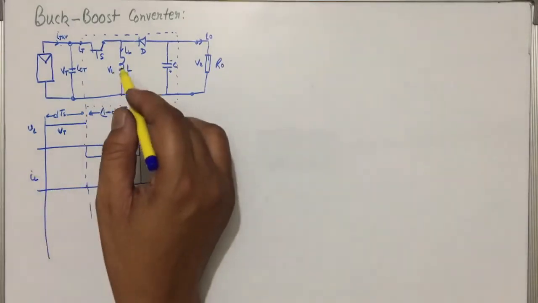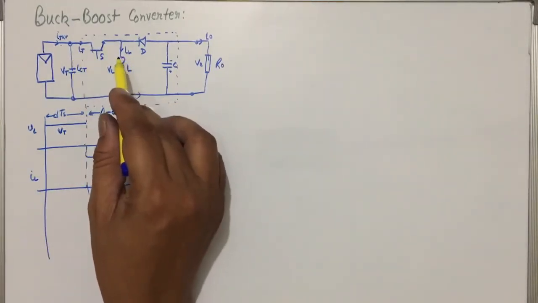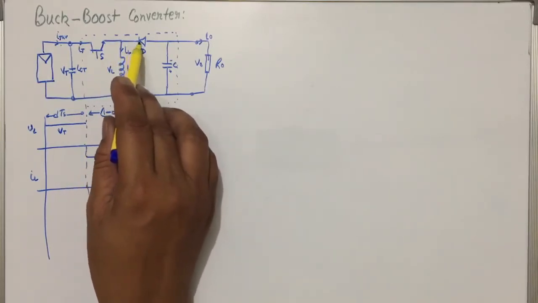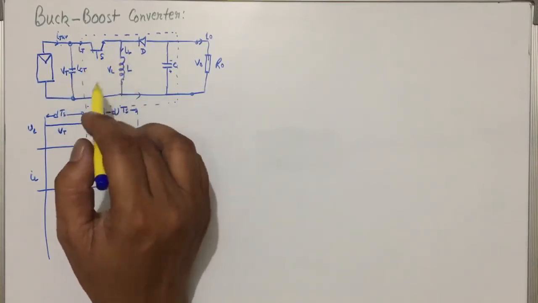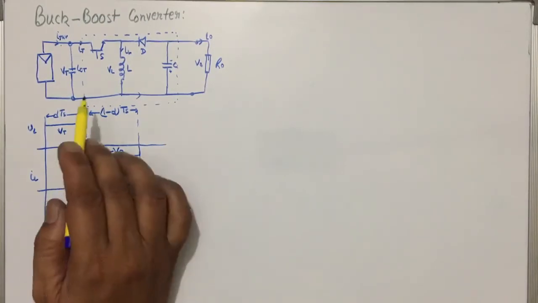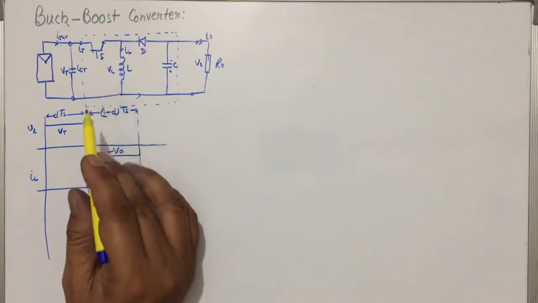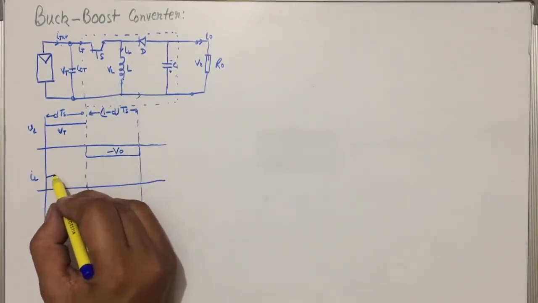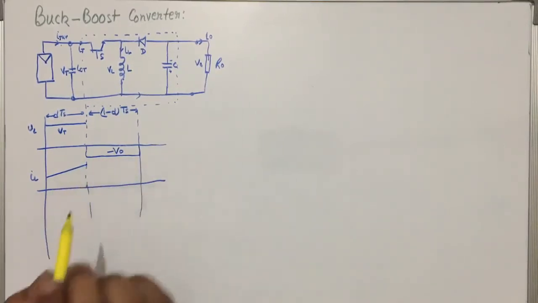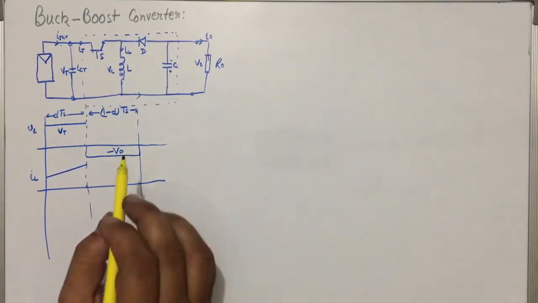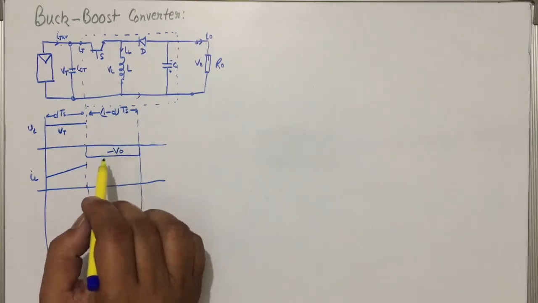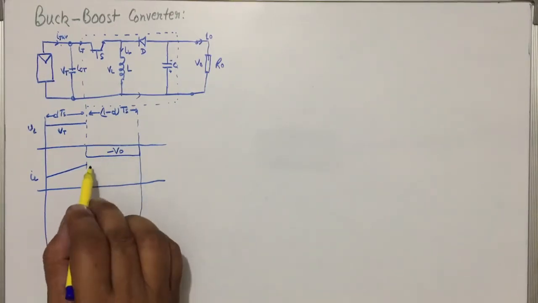Similarly, the current from here will be IT, as no other path is there, it is blocked from here. So this will be the only current. So IL will be IT, and for IL we have seen that the slope will be Vt by L. So it will be with positive slope as it is charging, and for this period the slope will be minus V0 by L. So the slope will be negative.